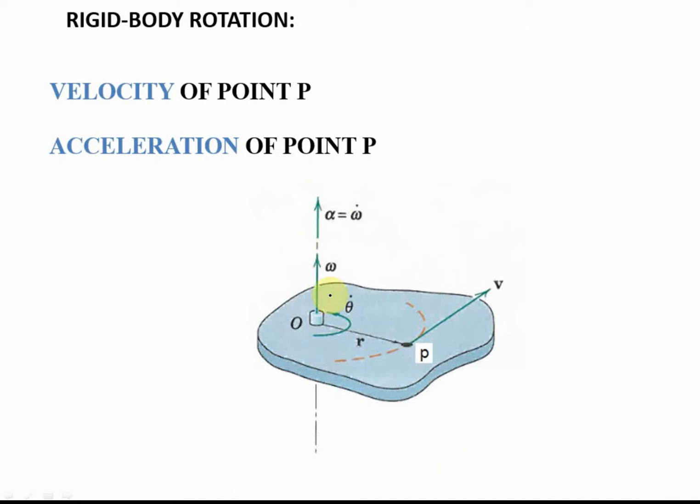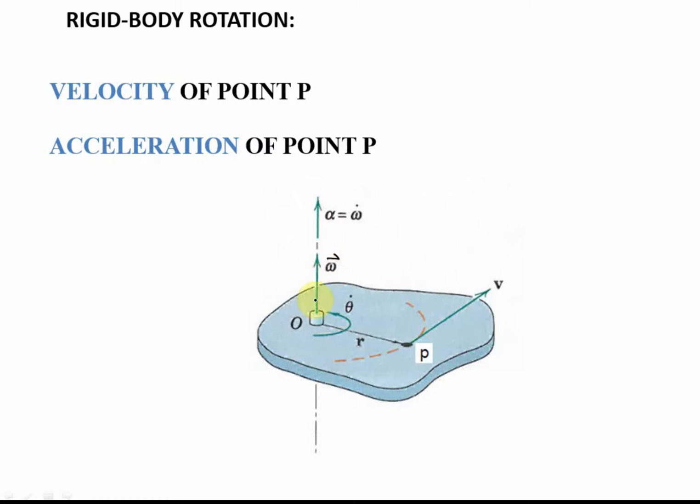Now let's look at more general rigid body rotation. In this 3D drawing, a flat disc is rotating about this point O at angular velocity omega. I told you that angular velocity omega is a vector.